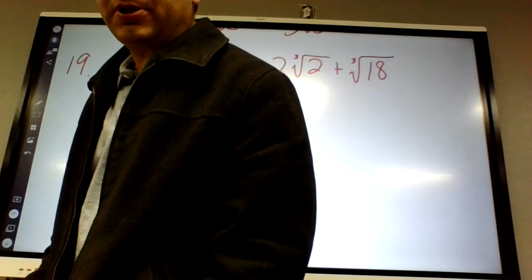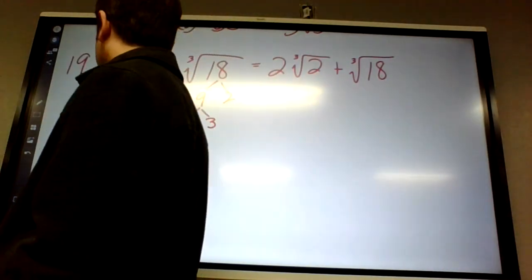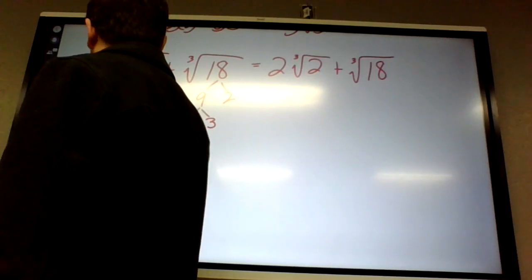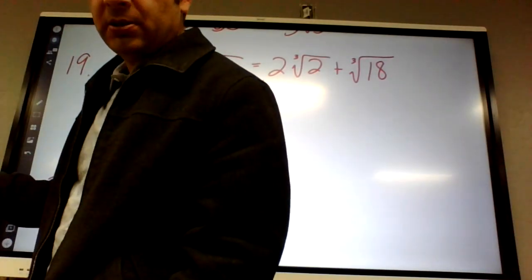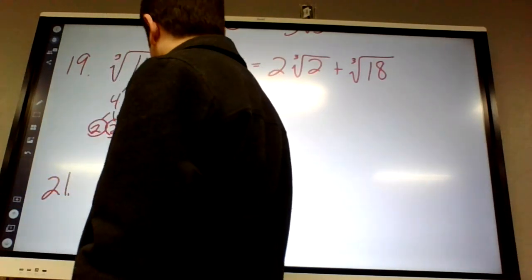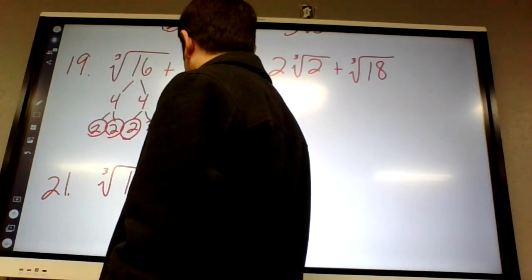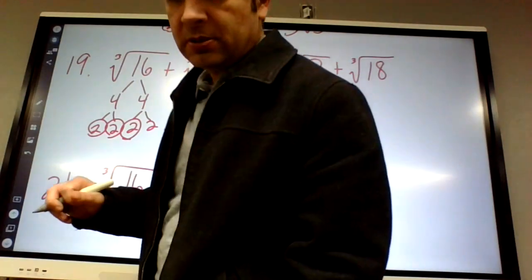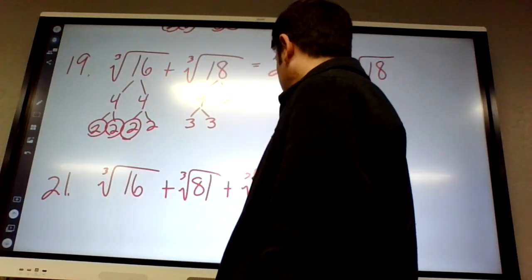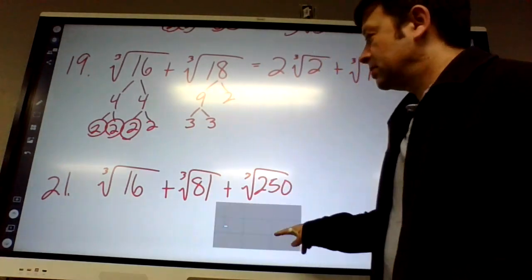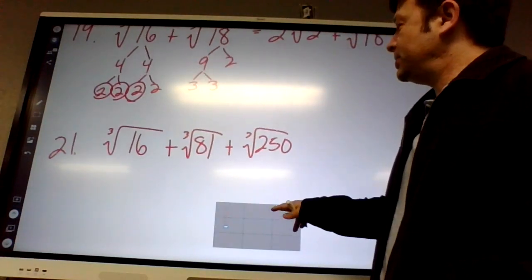Oh, look at 21, cube root of 16 again. So we can kind of recycle our work from number 19 on that. Plus cube root of 81, plus cube root of 250. Alright, so let's cheat on the 16.